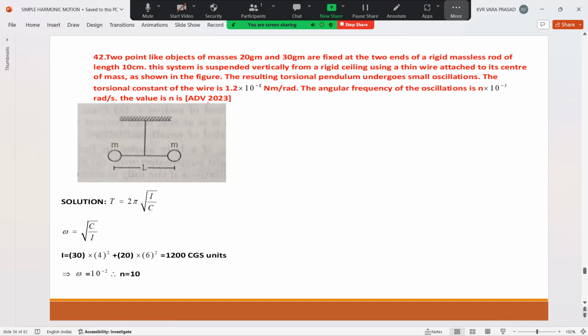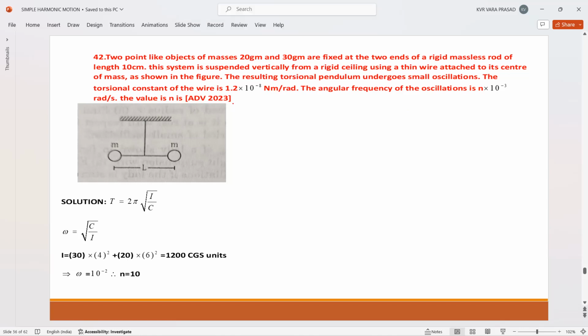This is an Advanced 2023 problem. Read the question carefully once. Two point-like objects of masses 30 gram and 20 gram are fixed at the two ends of a rigid massless rod of length 10 centimeter.